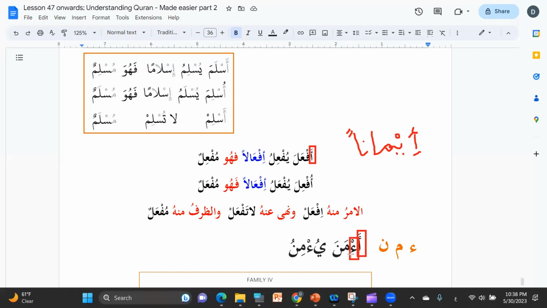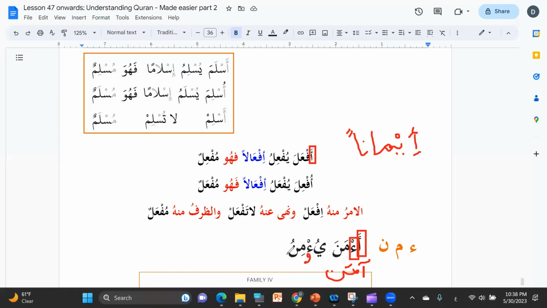Instead of giving a jerk, we put madda, amana. Again, for this hamza the chair would be waw, because there's dhamma before hamza.